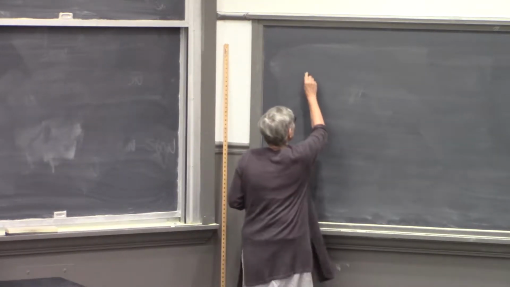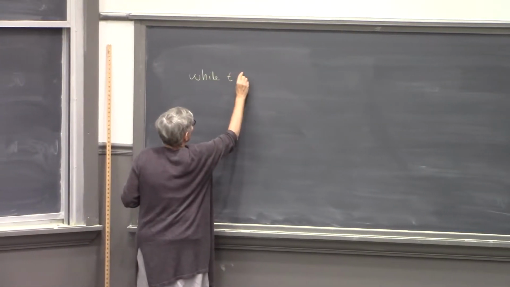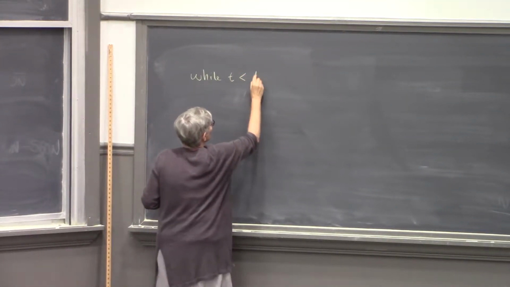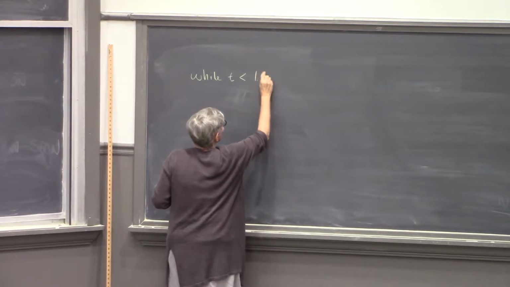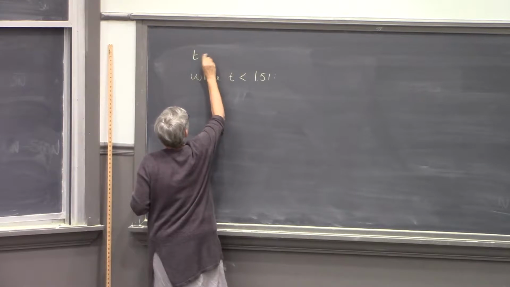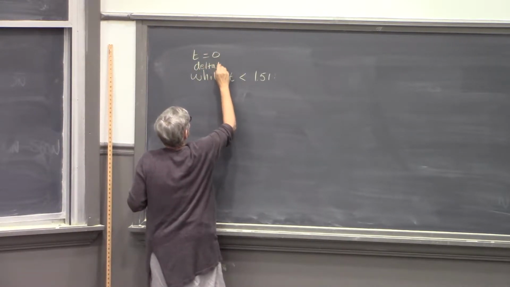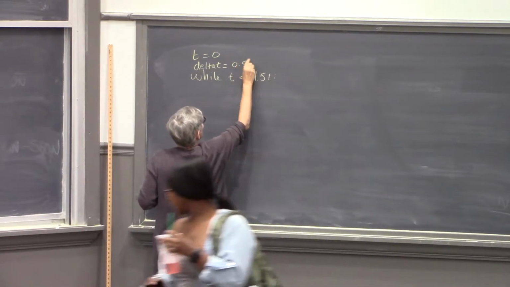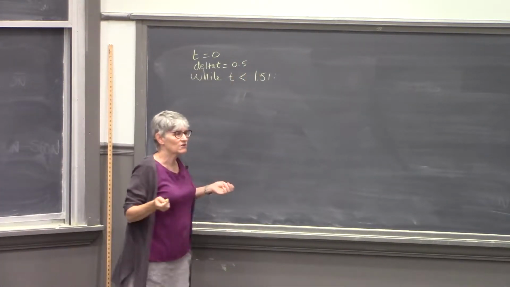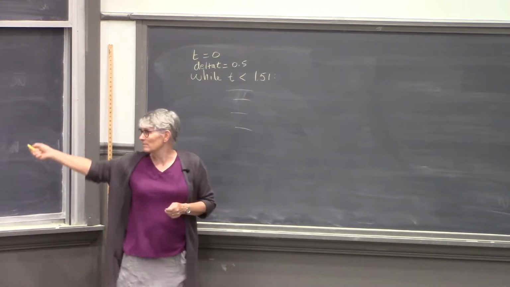But in that case, I'd say while t is less than 1.51 or something like that, starting with t equals 0 and delta t is 0.5, that's what you're told to use.